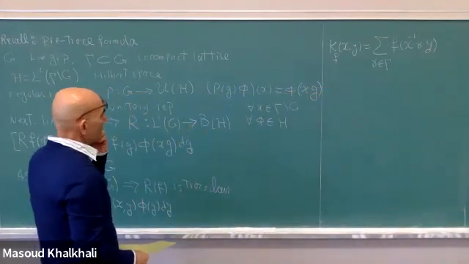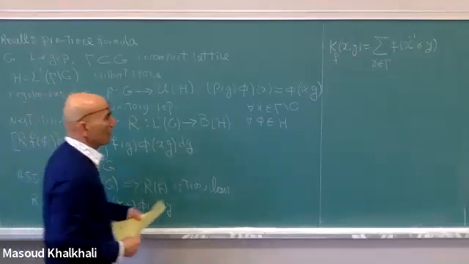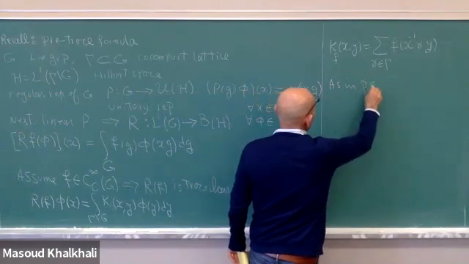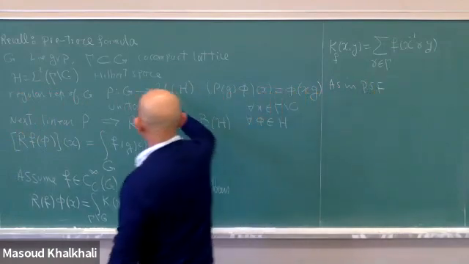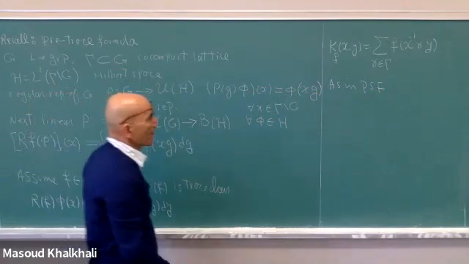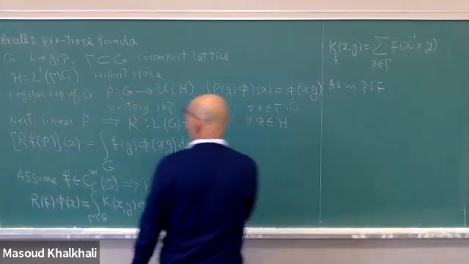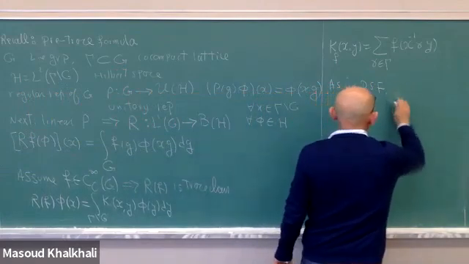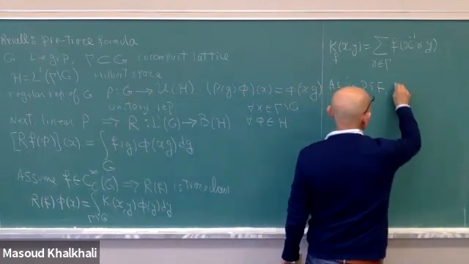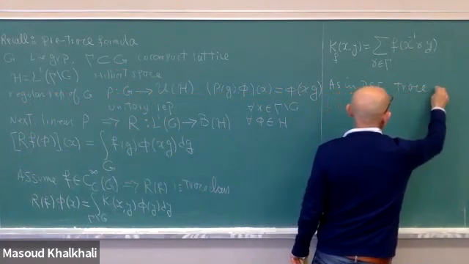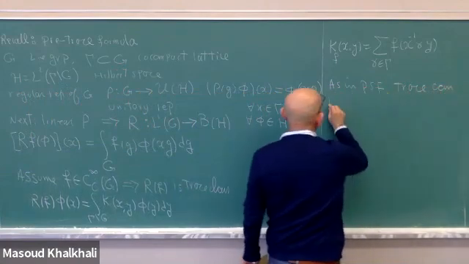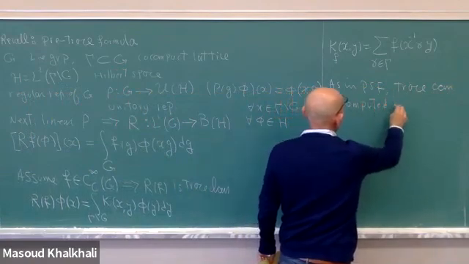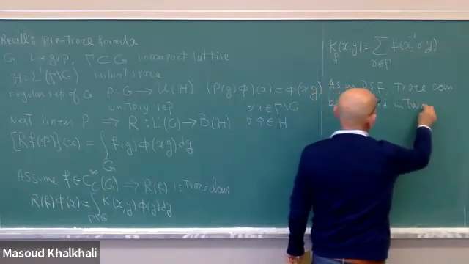So then the pre-trace formula, as in the case of Poisson summation, as in PSF, which is exactly the case where this G is abelian, we compute the trace of this in two ways. So trace can be computed in two ways.